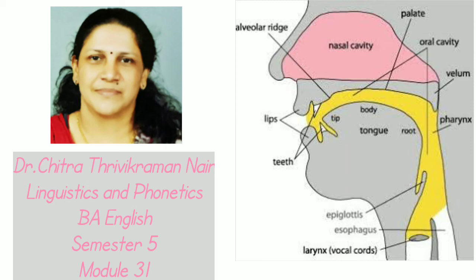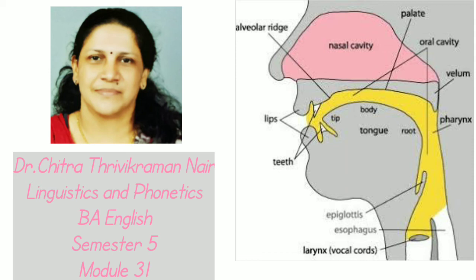Then there are speech sounds with the tongue touching the front teeth. So the teeth also play a very important role in the production of speech sounds. Teeth are yet another main articulator of speech sounds.